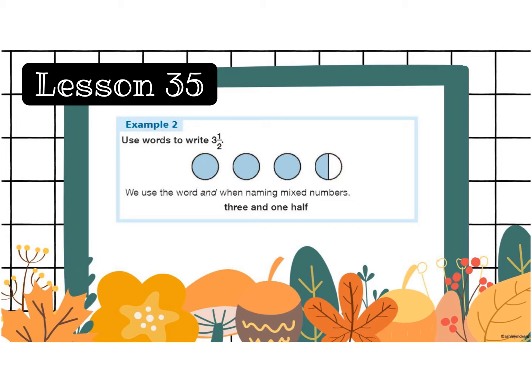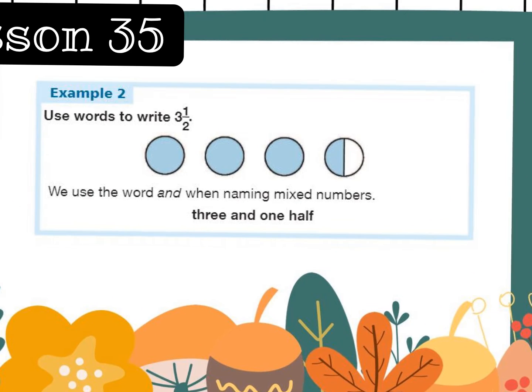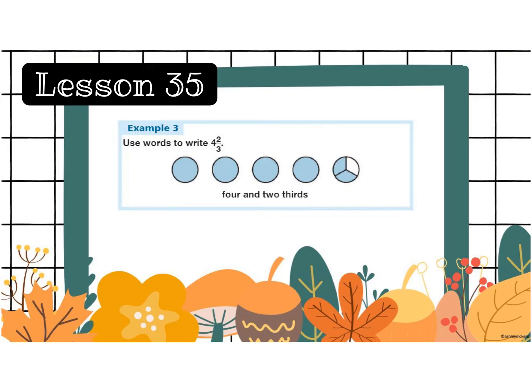Okay, example 2. It says use words to write 3 and 1/2. So first I want to read the 3 all by itself, then the fraction part. 3 and how much? 1/2. So in words it should say 3 and 1/2.